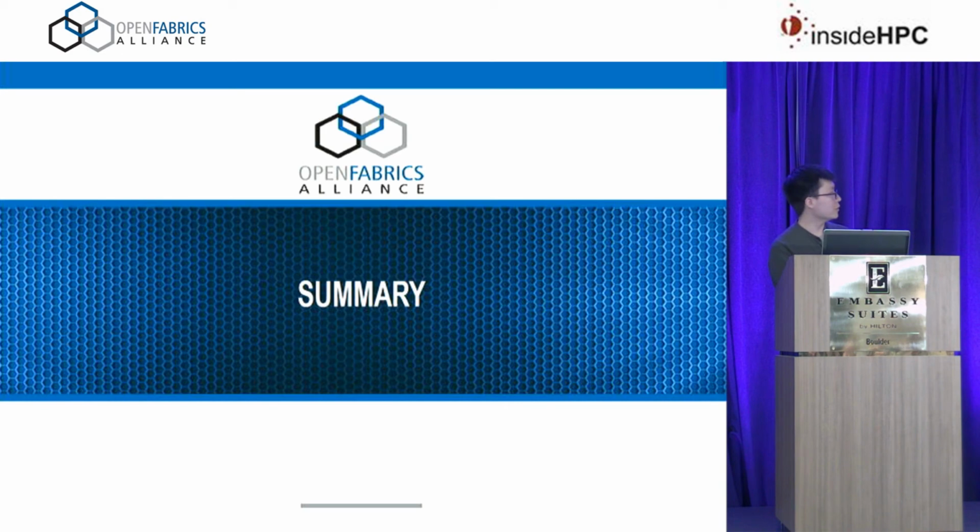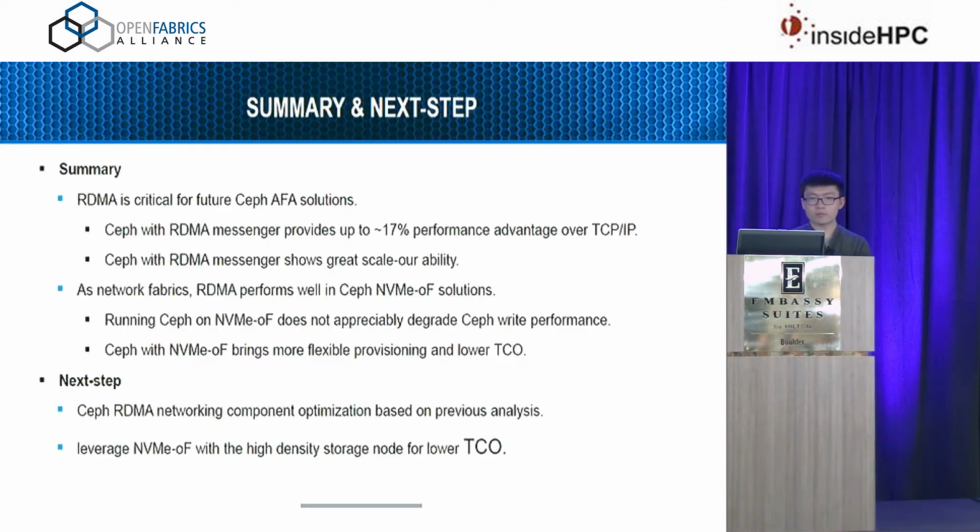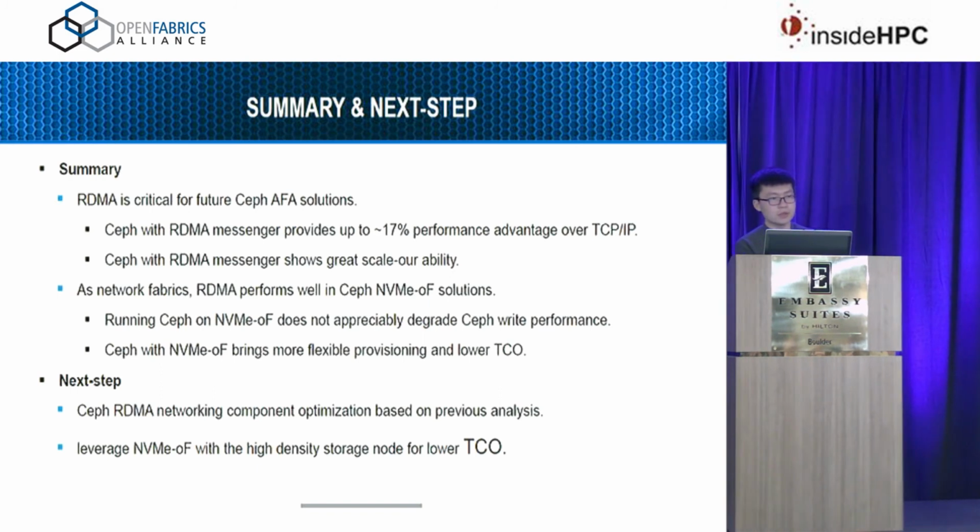So the last is the summary. RDMA is critical for future Ceph all flash array solutions. Ceph with RDMA messenger provides up to 70% performance benefit compared with TCP/IP. Ceph with RDMA messenger shows great scale-out ability.